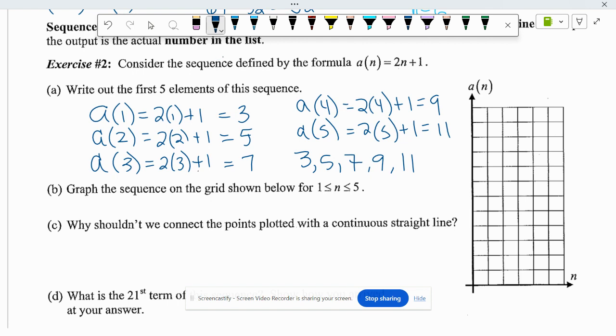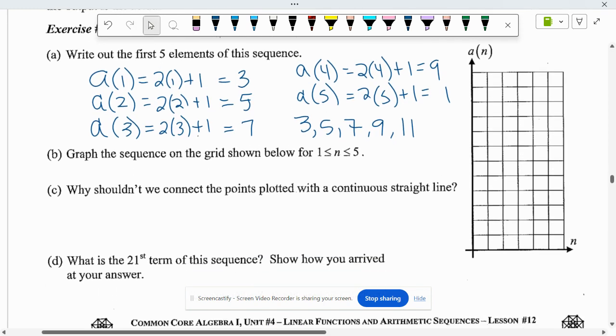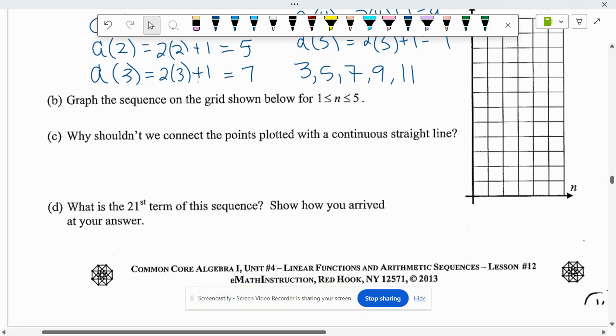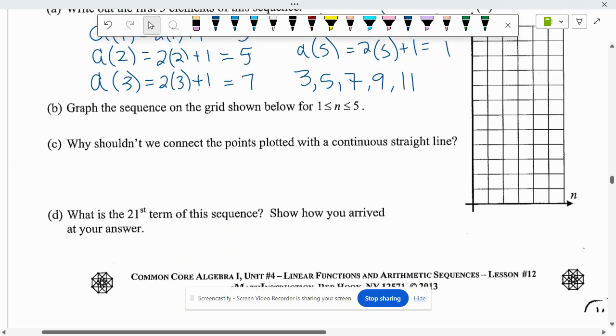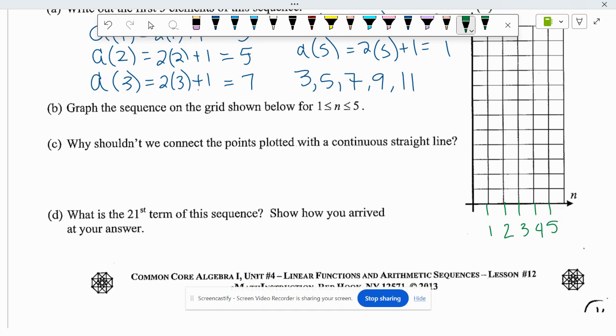The next question asks me to graph my elements on the graphing grid to the right. So let's think about this. These are your outputs. The y is your outputs. Remember, the n value or the x is your inputs. So we have 1, 2, 3, 4, and 5.